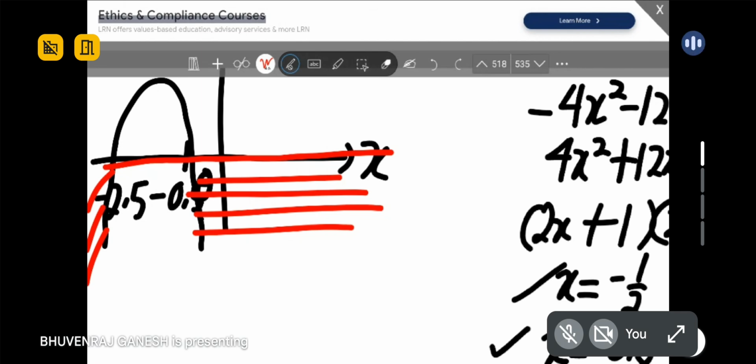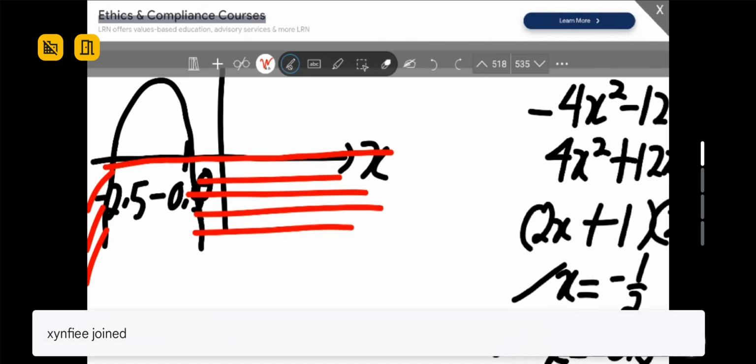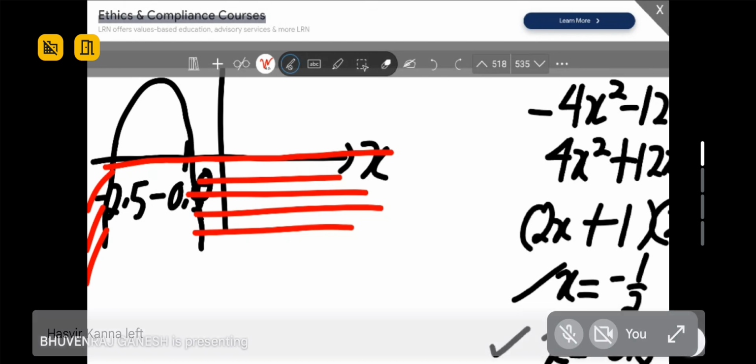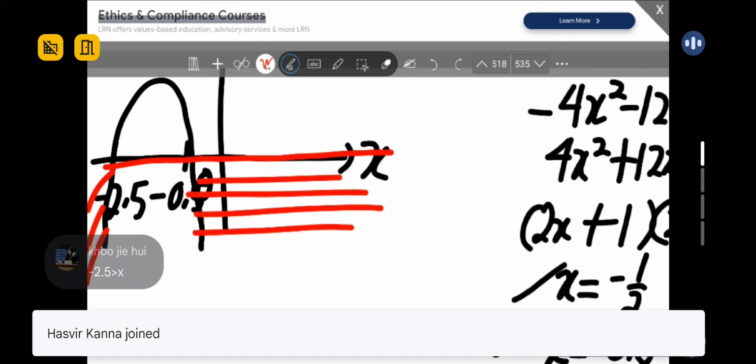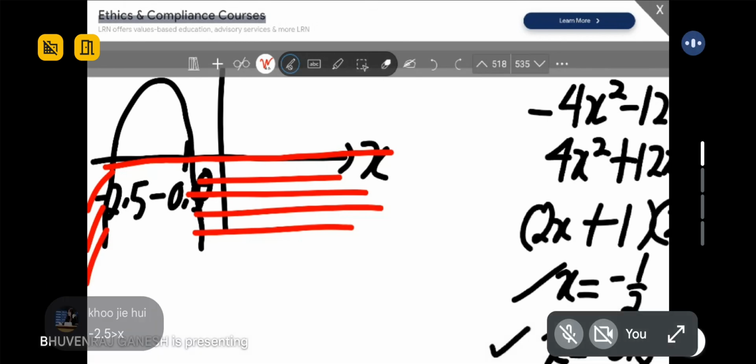So you will have two ranges over here actually. Dua julat. So anyone? Come on. Your range. Try and see. Okay.